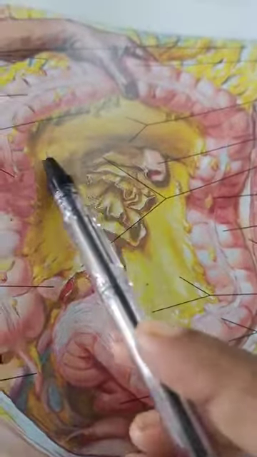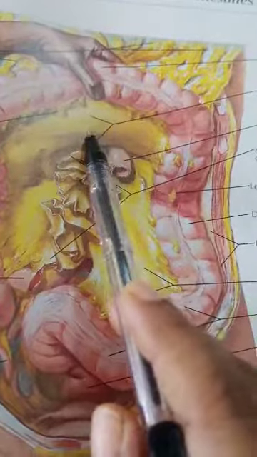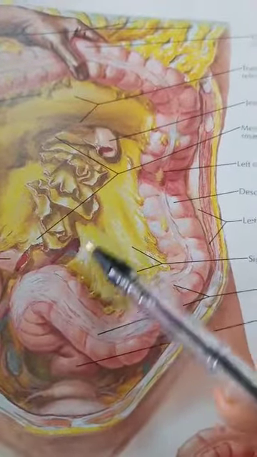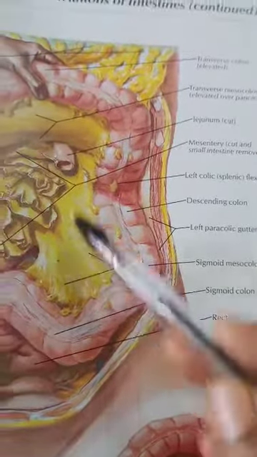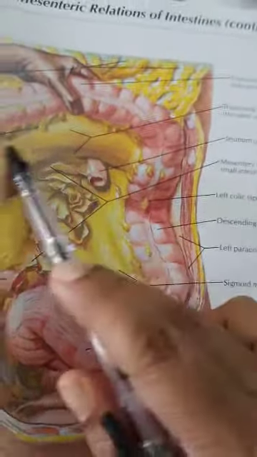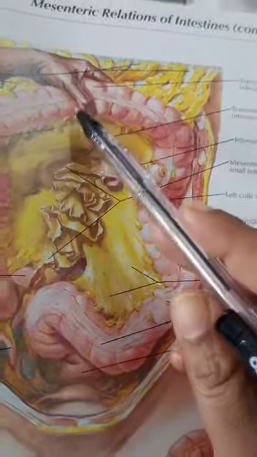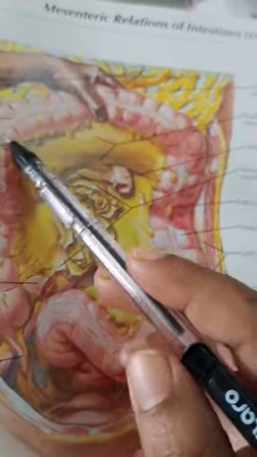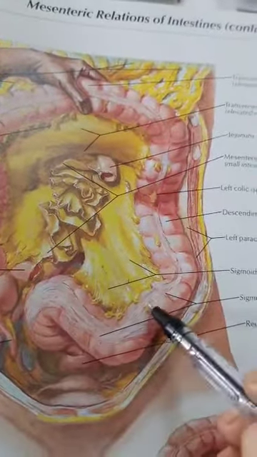The fold of peritoneum which holds the transverse colon is known as the transverse mesocolon. Likewise, the sigmoid colon has the sigmoid mesocolon. So in two places we can see a fold of peritoneum, and these two parts of the large intestine, the transverse colon and the sigmoid colon, are freely movable.